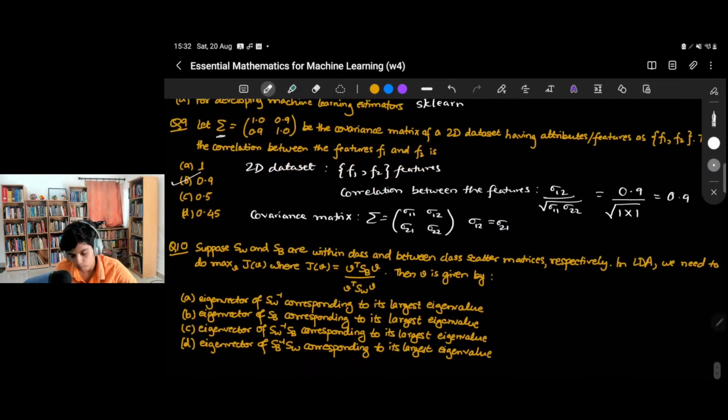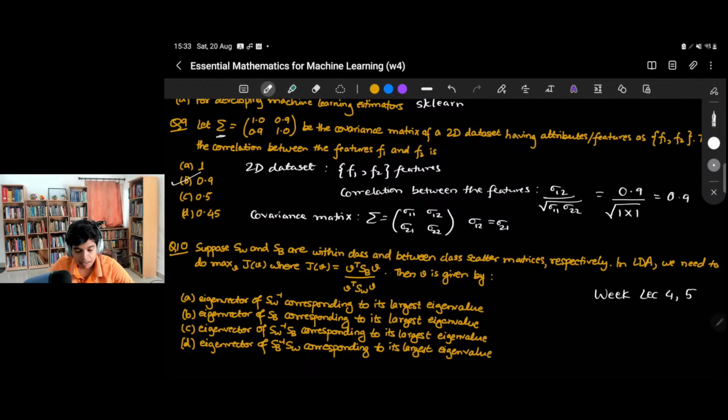And now we come to the last question. Again, it is based on the last video of this week 4, lectures 4 and 5. Suppose SW and SB are the within-class and between-class scatter matrices respectively.